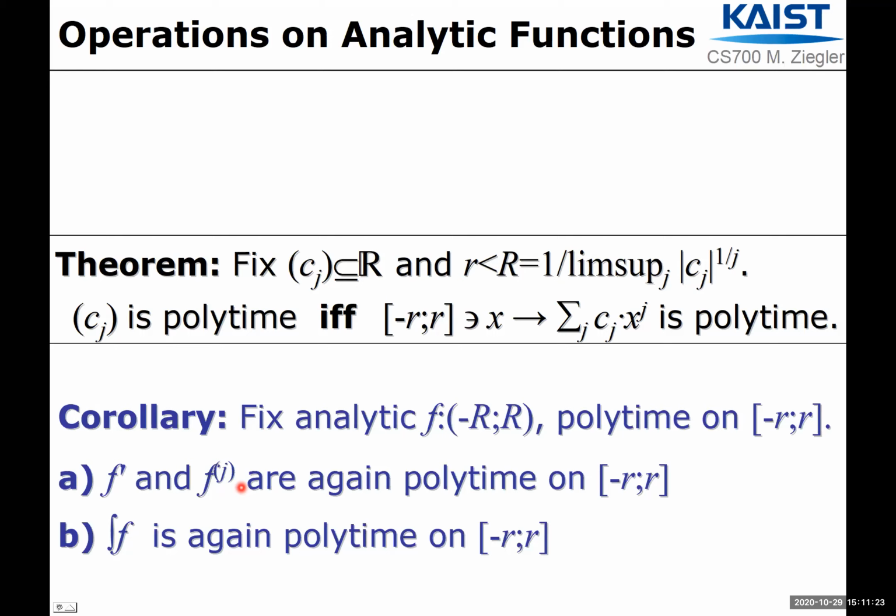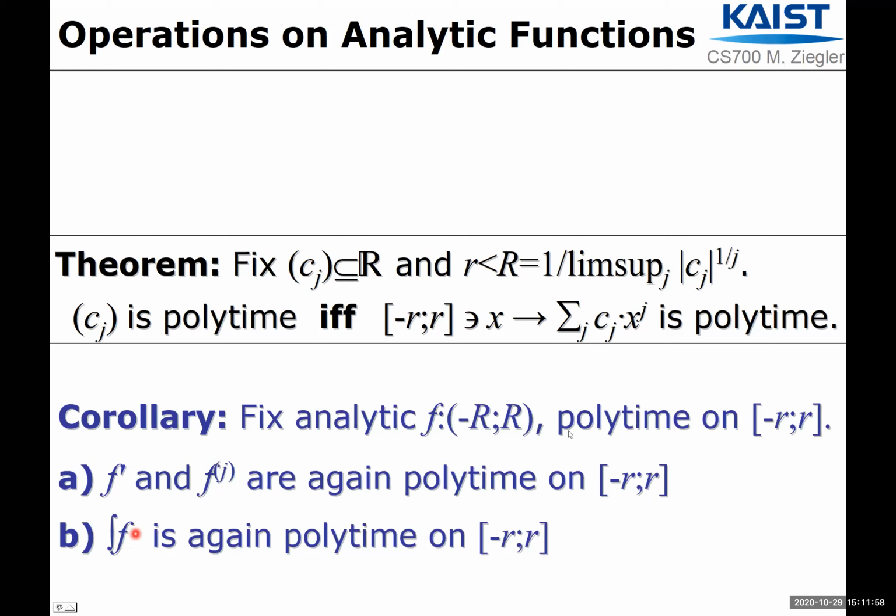Okay, the second corollary is about integration. The indefinite integral, the antiderivative, of a polynomial time computable analytic function is again polynomial time computable on the same interval. And why is that true? Well, since we can recover the coefficient sequence of the power series, we can integrate symbolically term-wise, right?